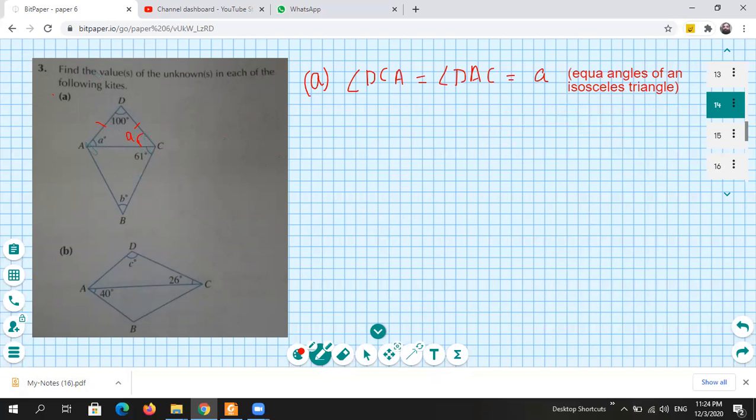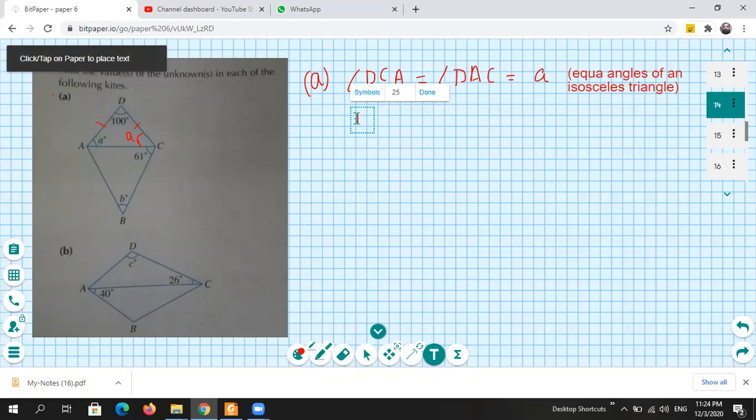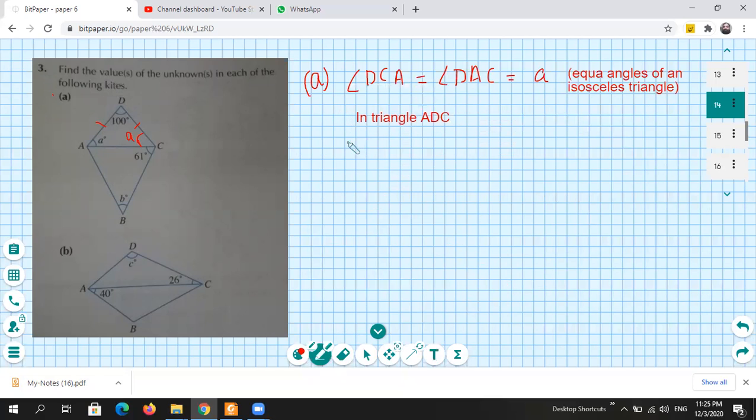So now we can apply the sum of angles on the triangle. In triangle ADC, the sum of angles, first one is A, second one is A, and third one is 100, equal to 180 degrees.